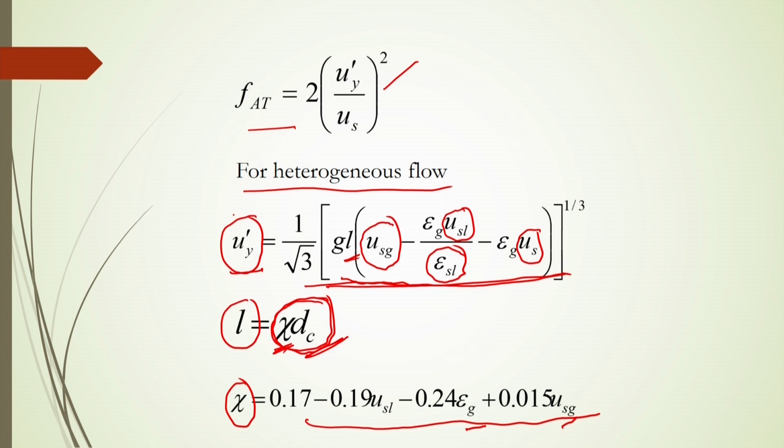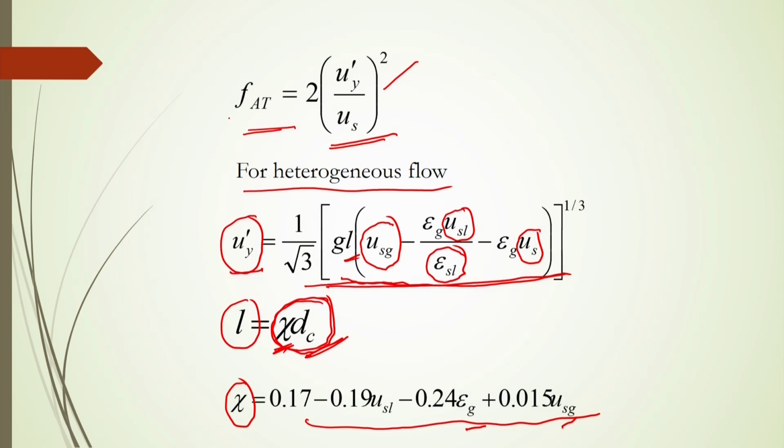Sometimes it is called friction velocity, sometimes fluctuating velocity, sometimes the turbulent velocity. And then from this turbulent velocity and the solid velocity inside that bed, you will be able to calculate the friction factor due to this additional turbulence.